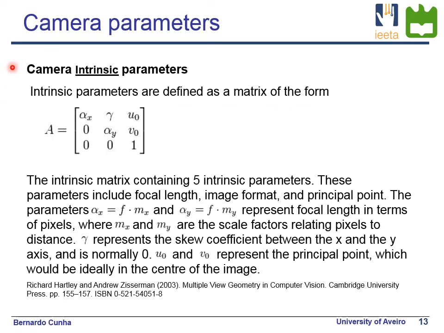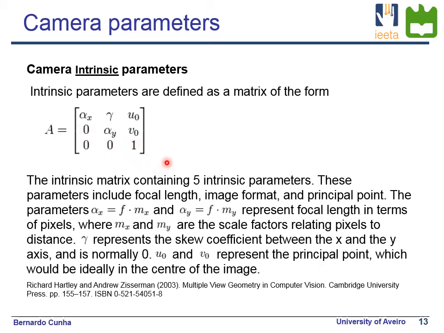From the two groups of parameters, let's start by looking first at the camera intrinsic parameters. These intrinsic parameters are defined as a matrix of the form you can see here. A is the intrinsic parameters matrix. You can see that some of the values in this matrix are actually 0, or in this case 1.